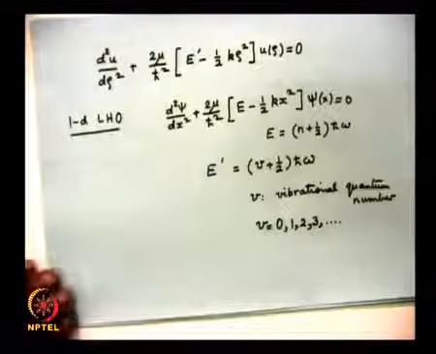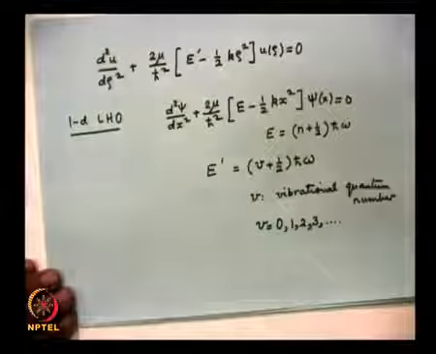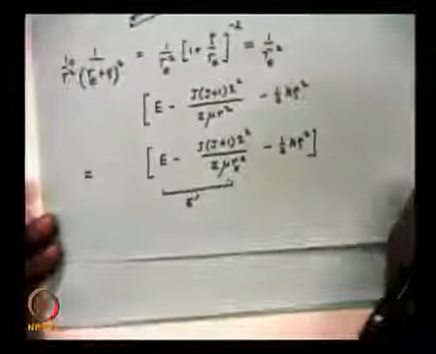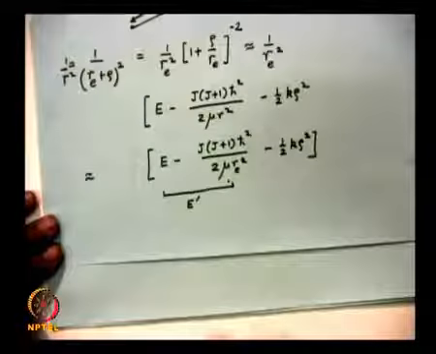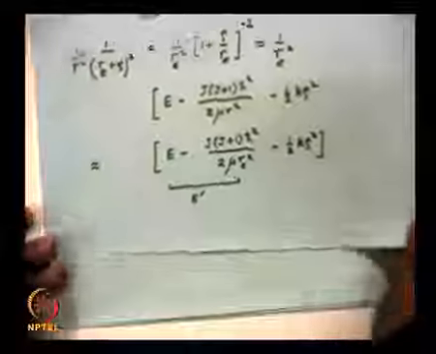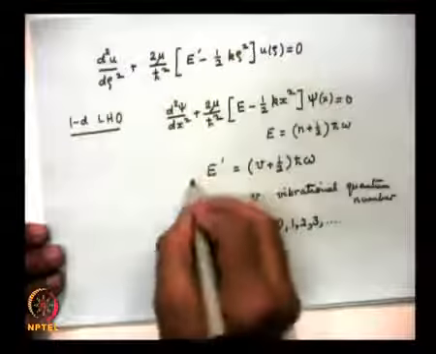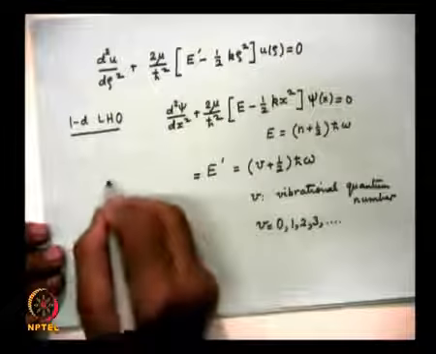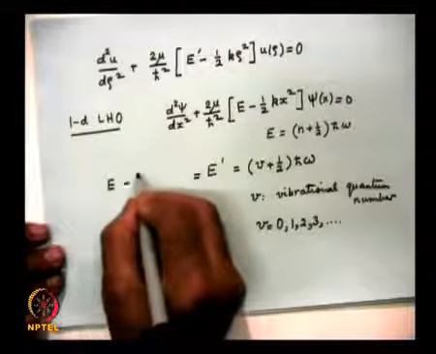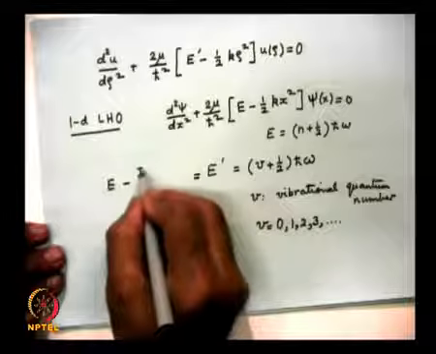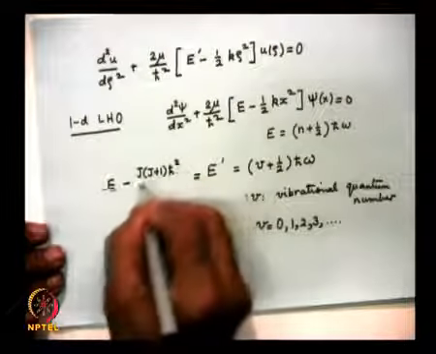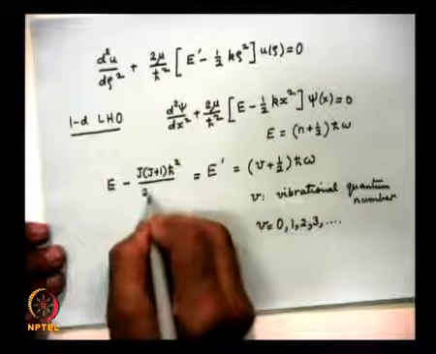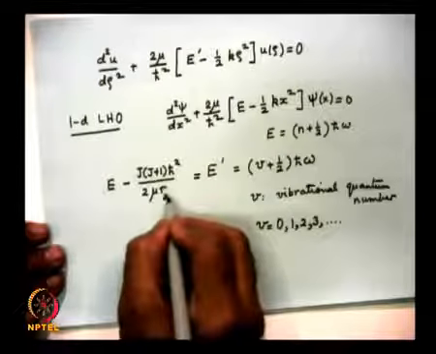So, if you recollect, the E prime which we had written down was equal to E minus j into j plus 1 h cross square by 2 mu r e square.